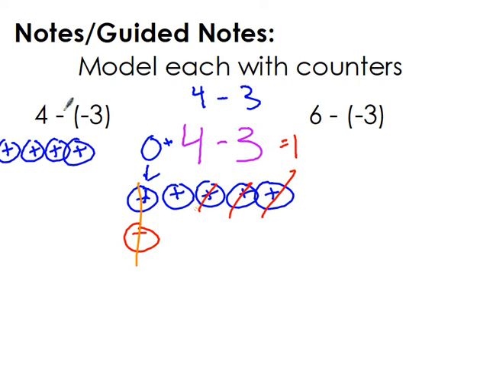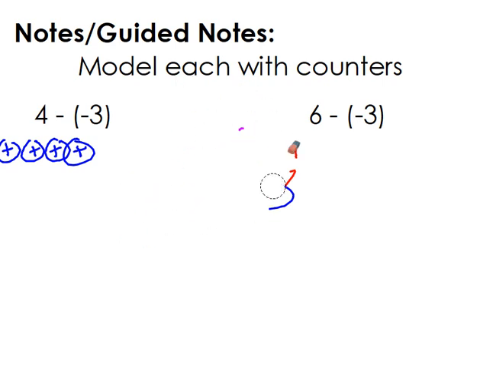By adding a 0 pair, I added a negative counter, and this is going to allow me to take away 3 negatives if I don't have them. So here's what I mean. I'm going to erase this. Looking back at our original problem, I have my 4 counters, and I need to take away 3 negatives. I don't have negatives.